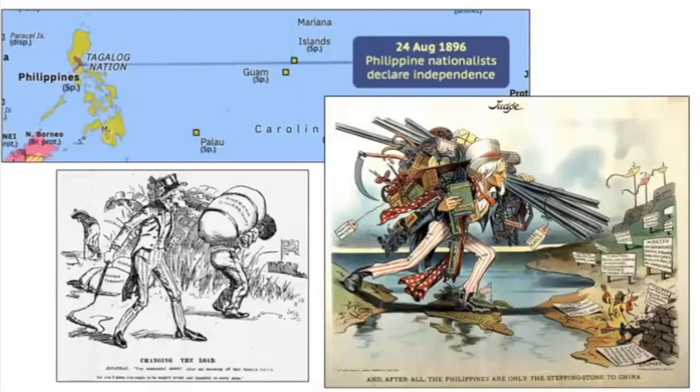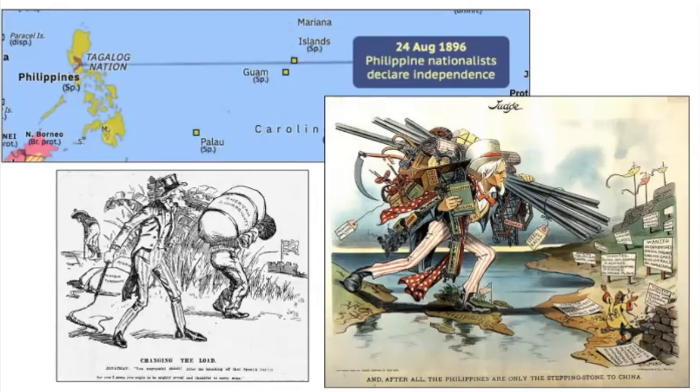This on the slide is an enlargement from the Pacific slide that you saw before. It reminds us that in 1896, nationalists in the Philippines sought to throw off Spanish rule. So by the end of the Spanish-American War, Filipinos had been fighting for independence for a couple of years already.